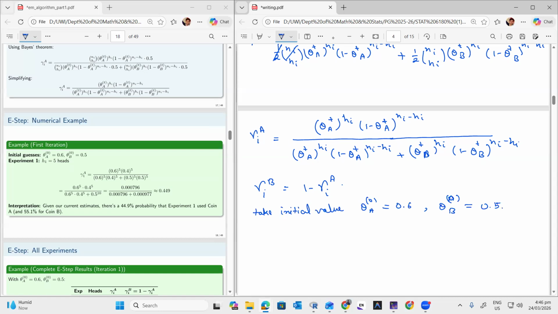Okay, so for experiment 1, we have h1 equals 5 heads. So what will be gamma 1a?